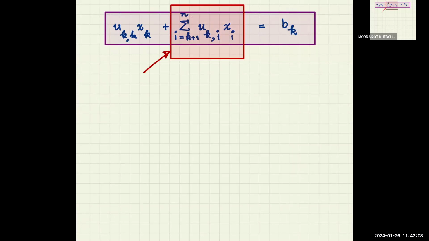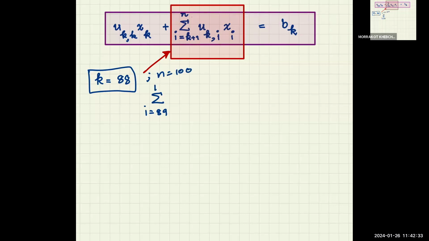Now focus on this one, the summation. If k equals 88, suppose k equals 88, what would you do? You will sum i equal to 89 to n, suppose n is 100, to 100 of u 88, right? k is this one and i is supposed to be k.